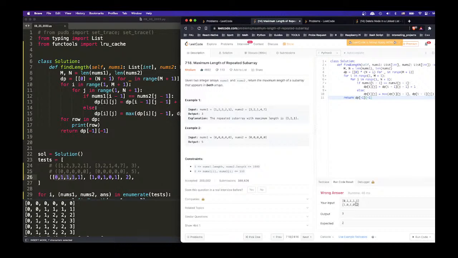But it has to end at this position. So what we try to say is the maximum subarray ending at each position, okay? If they're not the same, then there's nothing. If they are the same, then we go back.